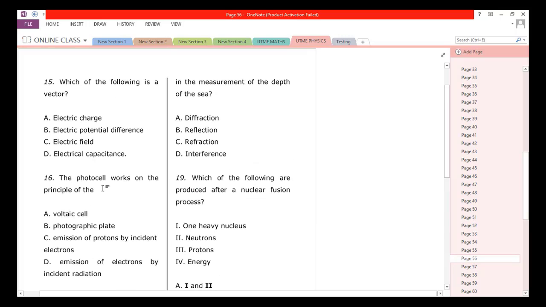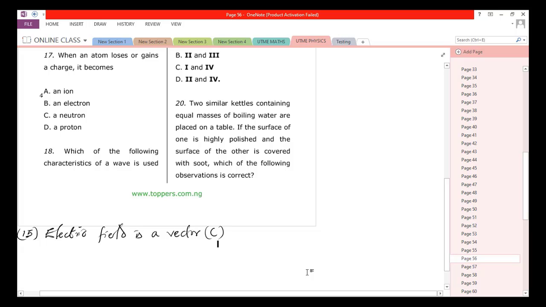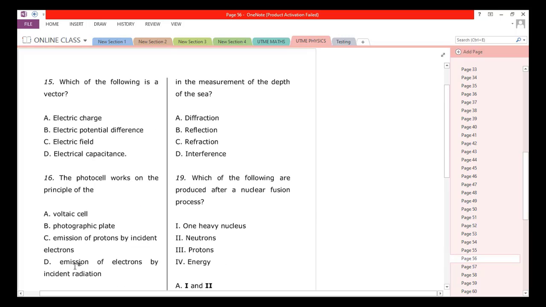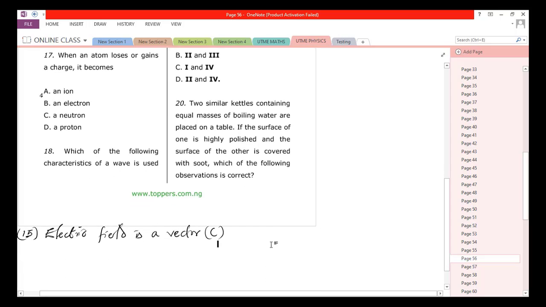The photocell works on the principle that when an incident ray falls on the photocell, the incident ray will cause emission out of it. That is what we call photoelectricity. So in this case, the answer here is the emission of electron by the incident radiation.